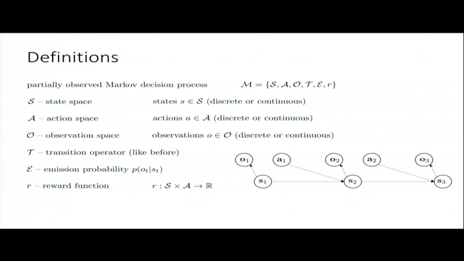Yes? How would you distinguish a POMDP from like an n-th order Markov decision process? Like if you could say that a state could be like the entire history and the observation could be the current state, could you formulate that as an MDP? Right. We'll talk about this a little bit more, I think, when we talk about recurrent policies later.